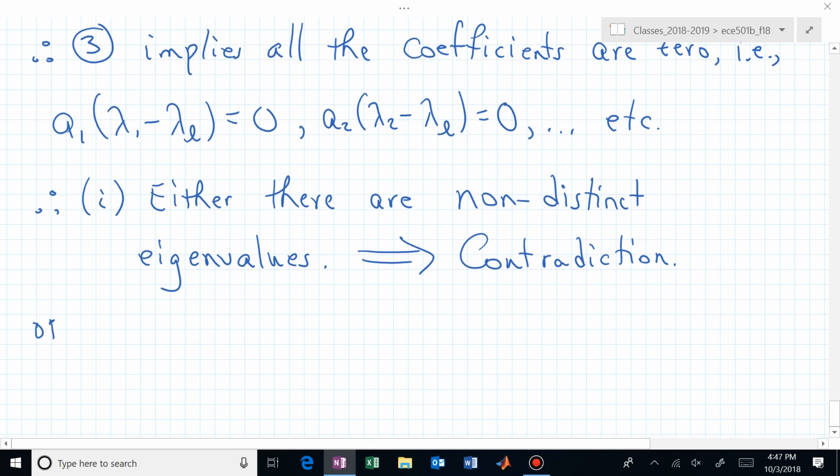Or here's the one that we really need to worry about, because we already assumed that we had distinct eigenvalues. So really this second one is the one that is holding true, supposedly.